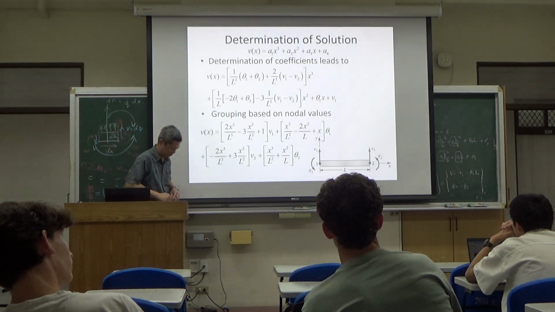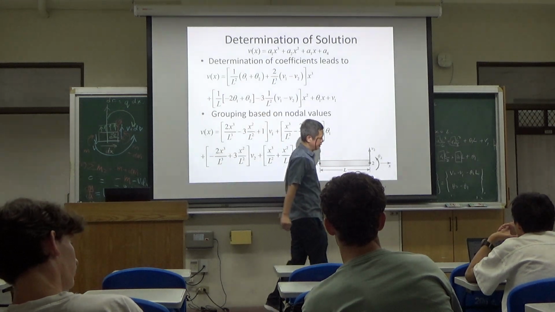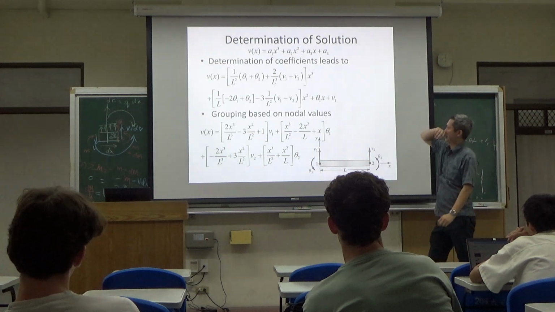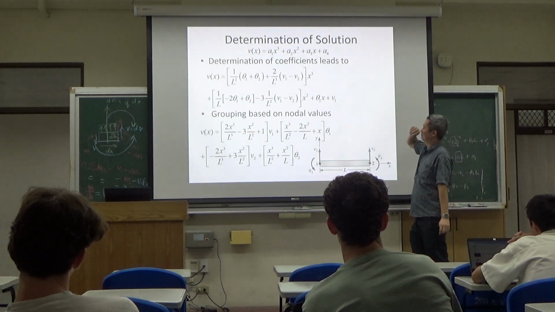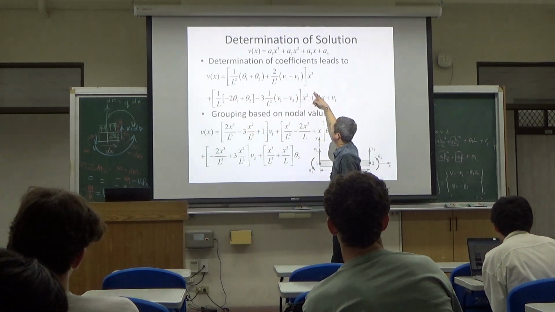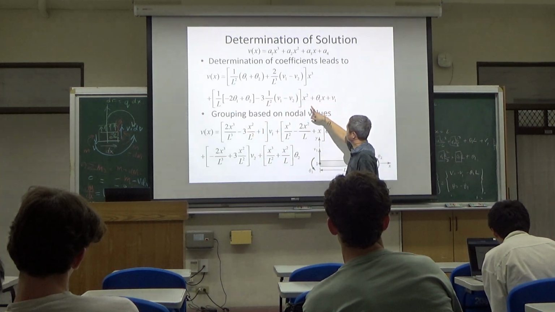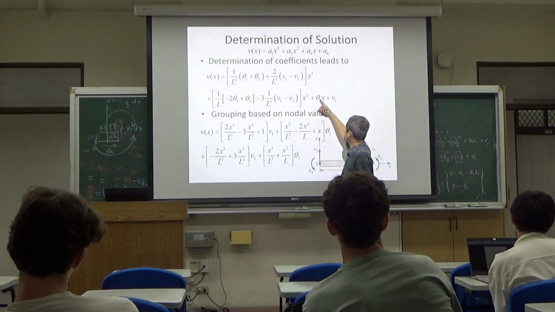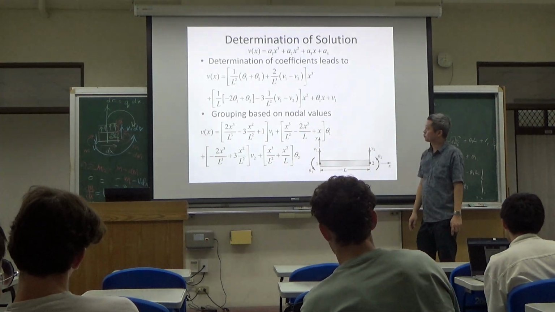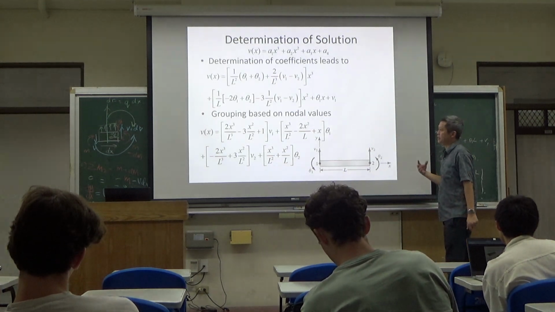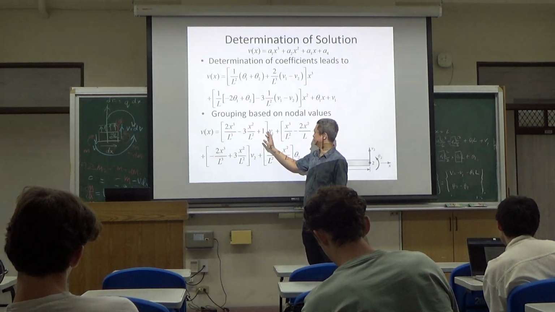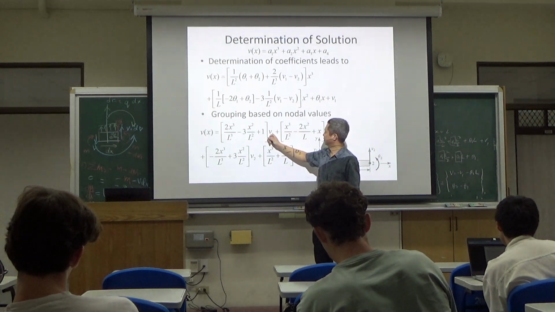Once you have solved for the coefficients A1, A2, A3, A4, then you do the substitution back. You can find that V(x) is the cubic function plus quadratic function plus the linear term plus the constant. But now, as for the finite element, we care about the shape function times the boundary.